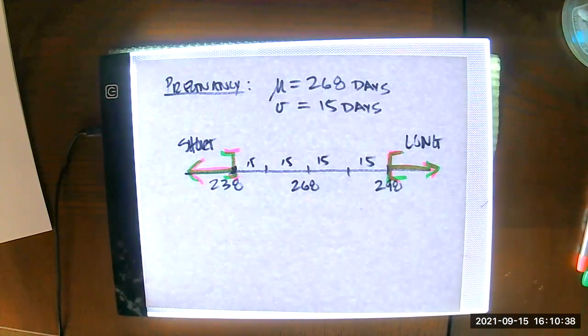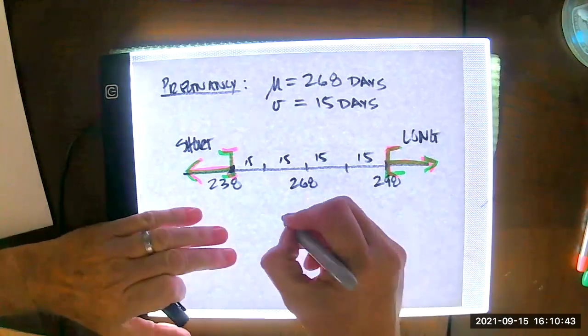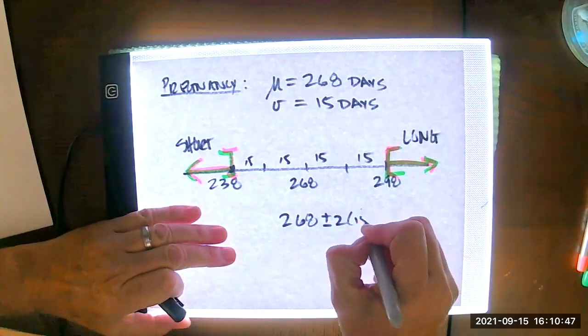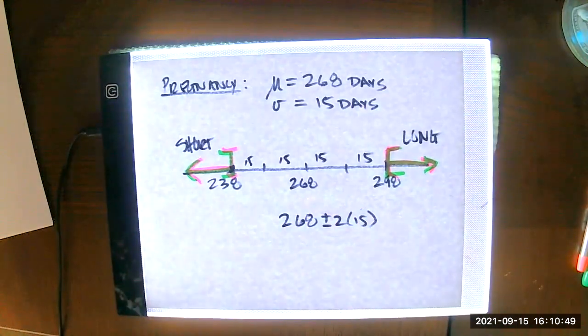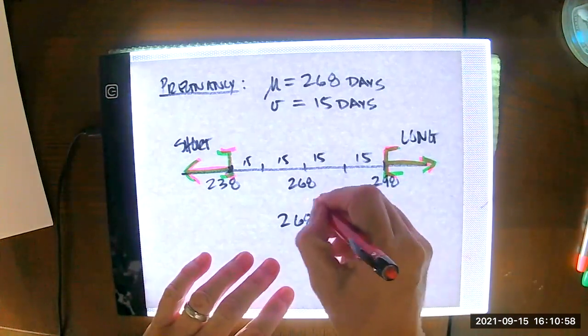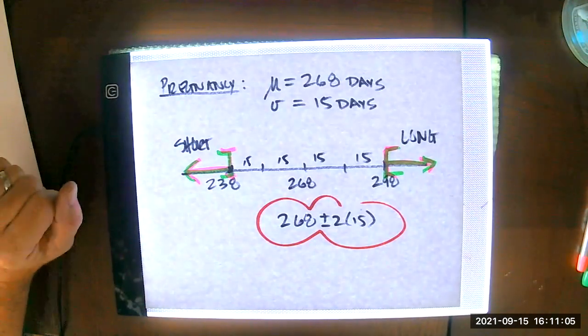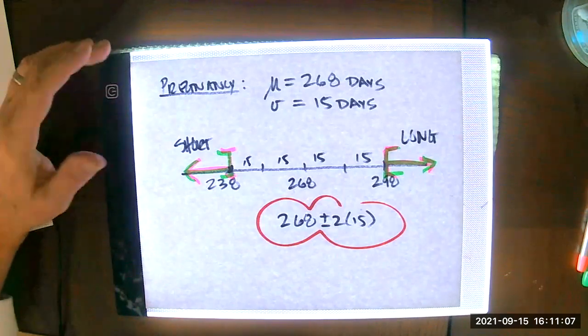So at the end of the day, the plus or minus 2 standard deviation looks like this: 268 plus or minus 2 times 15. So, as I say, I wanted to review this notion of significant outcomes, high or low, because I'm going to refer to that a couple of times in my discussion about the empirical rule.